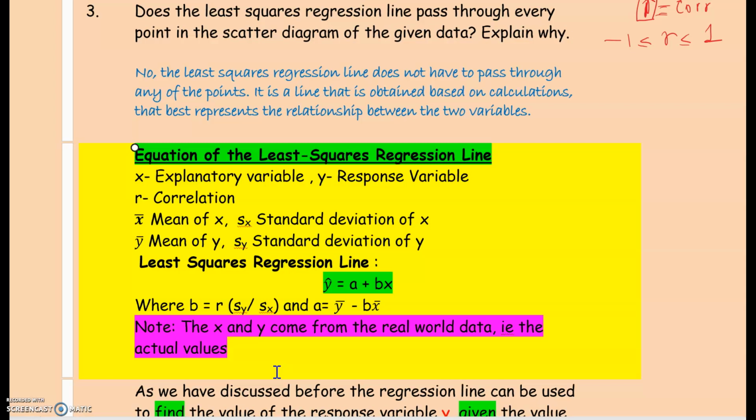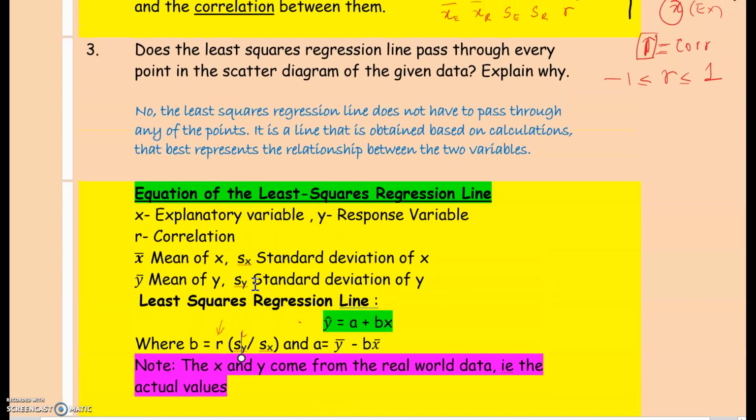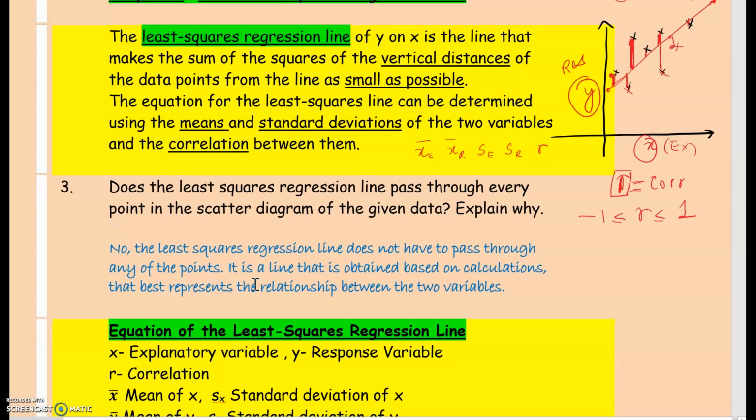So B, the slope, is correlation R times S subscript Y divided by S subscript X. So S subscript Y is the standard deviation of the response variable, and S subscript X is the standard deviation of the explanatory variable.